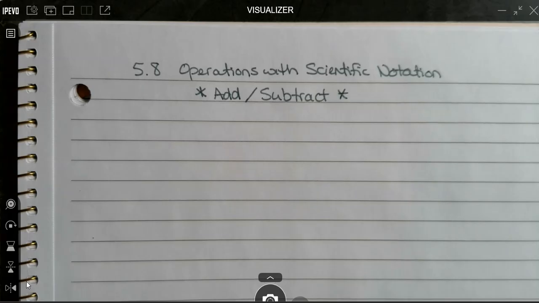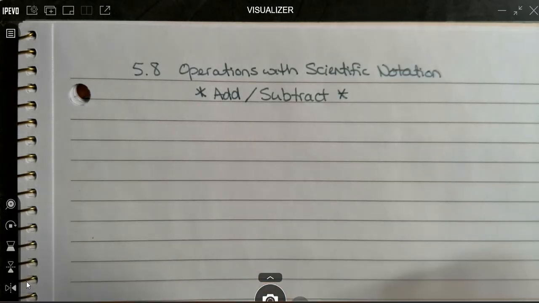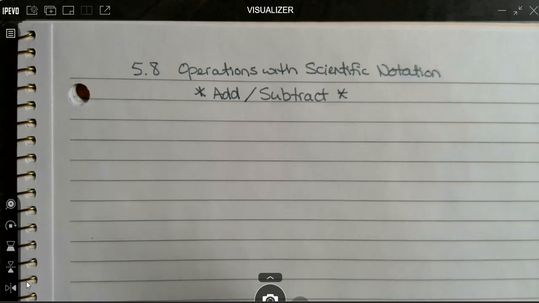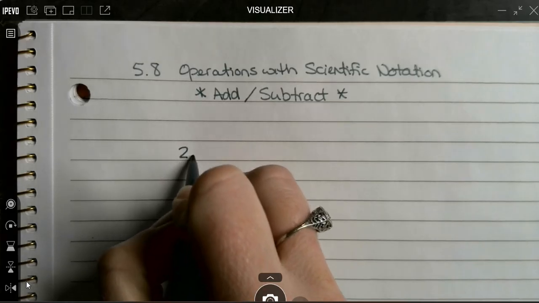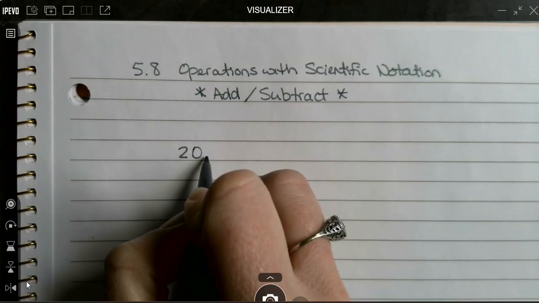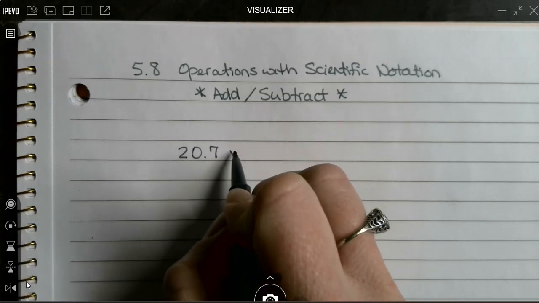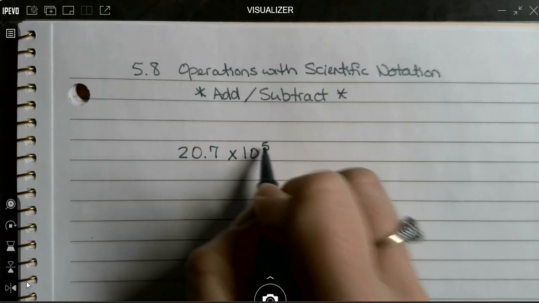So, if you recall, after we would multiply or divide yesterday, sometimes we would end up with a number that wasn't in scientific notation. So we might end up with like 20.7 times 10 to the 5th.